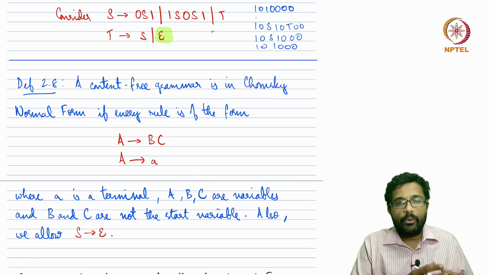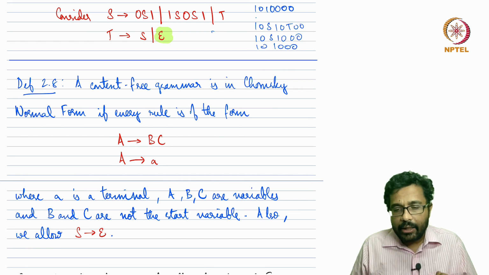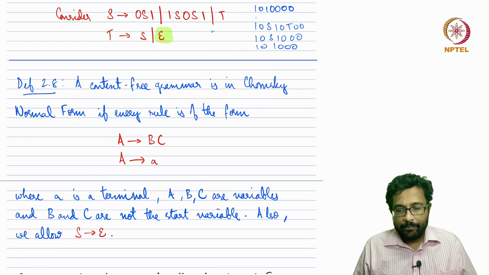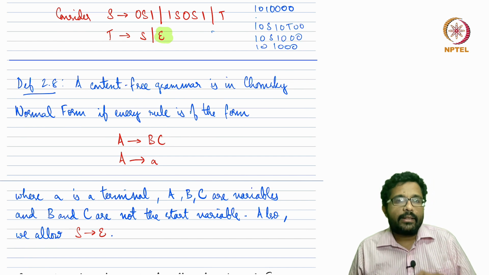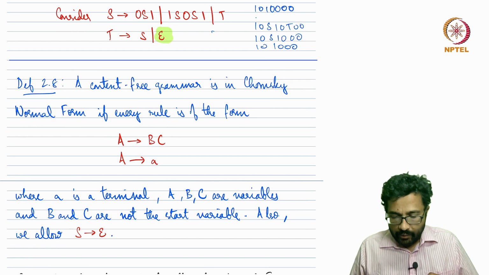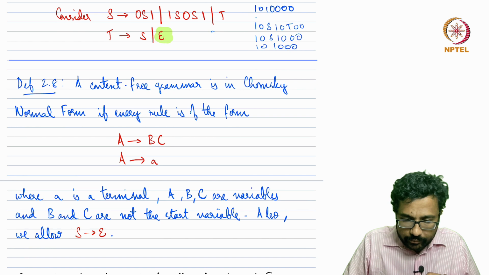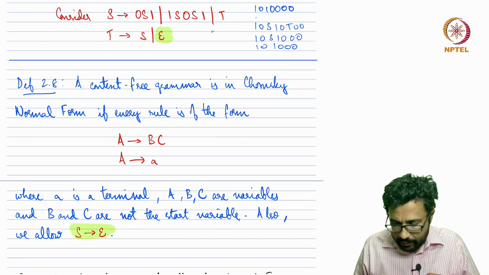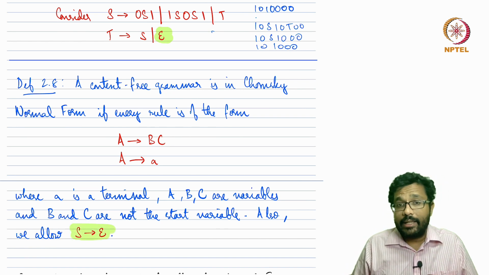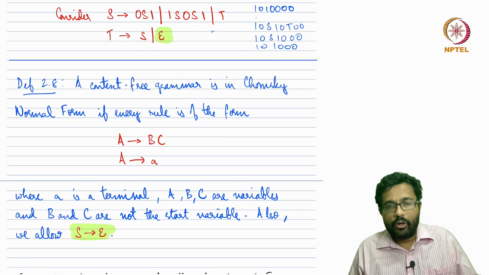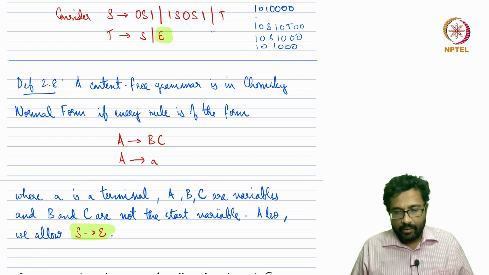So we want to somehow account for that. If the language has the empty string, we allow one exception: the start variable giving empty string, but not any other variables.